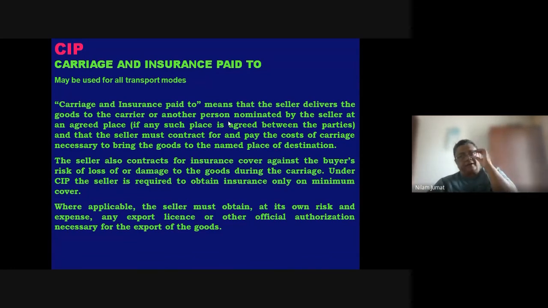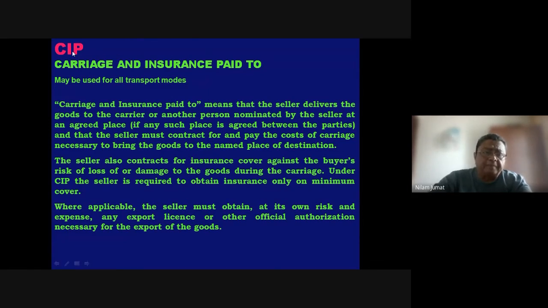Now, if they agree your delivery point is the Gampaha container, plus the exporter has to pay freight from Gampaha to Riyadh, like lorry from Gampaha to Colombo, ship to Jeddah, transport has to be borne by the seller. That is CPT, Carriage Paid To, without insurance.